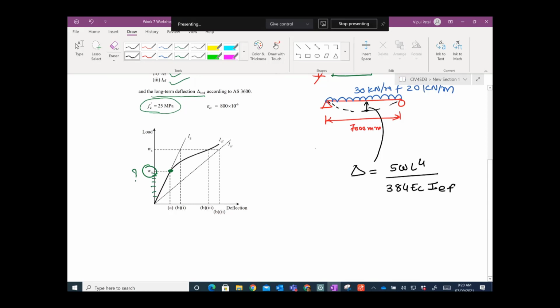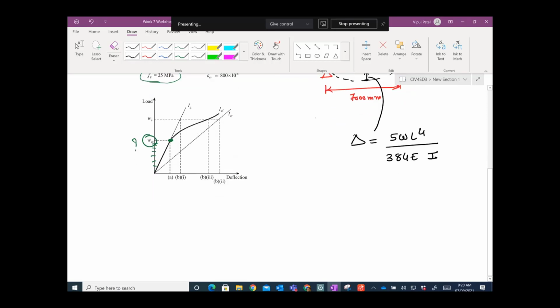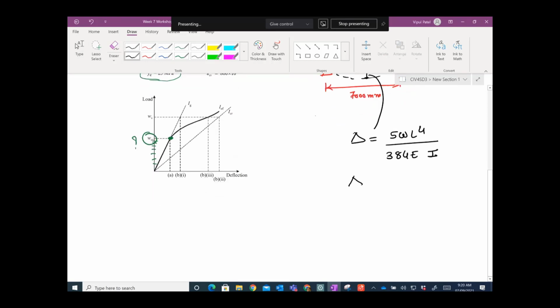Basically this is the normal equation, with I, as the deflection equation is in SD1 class. But in our case, short-term deflection equals 5 W short-term L to the power 4 over 384 E C I effective.